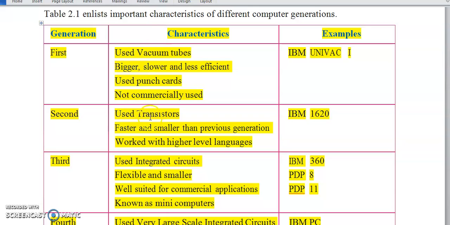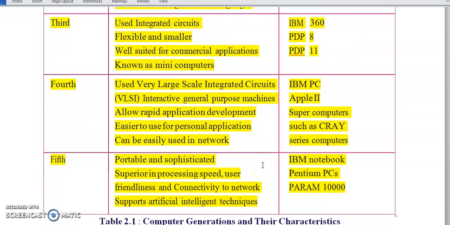Second generation computers use transistors, faster and smaller than the previous generation, work with higher level language. An example of that computer is IBM 1620. Third generation computers use very large scale integrated circuits, VLSI, interactive general purpose machines, allow rapid application development, easier to use, personal applications, can be easily used in networks.